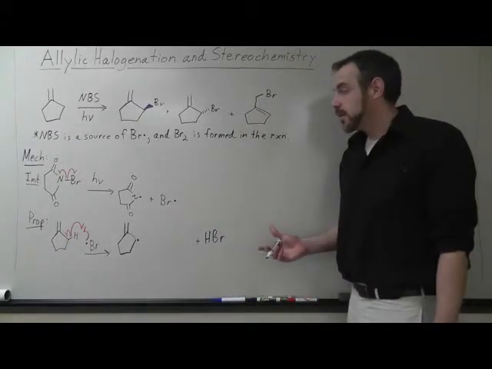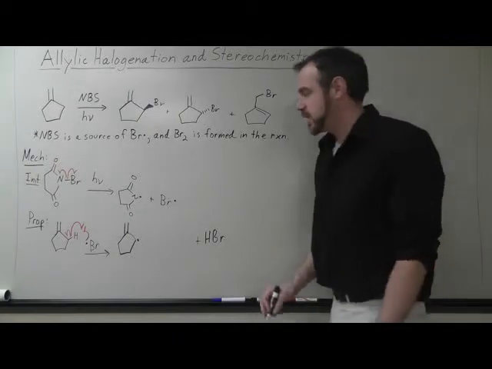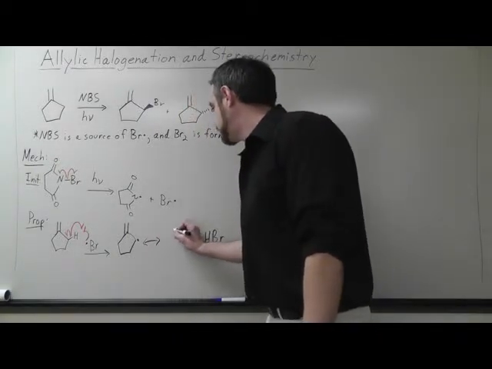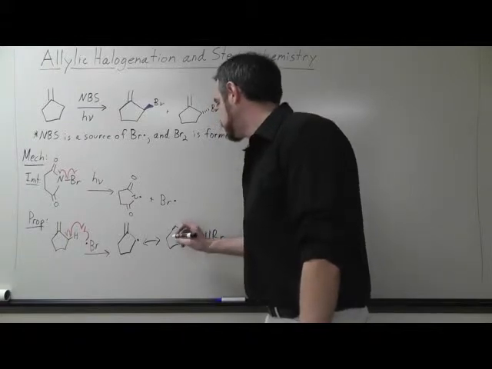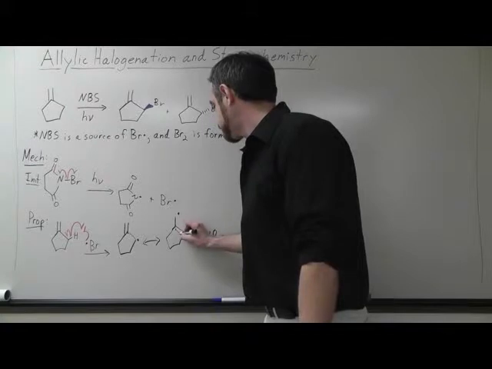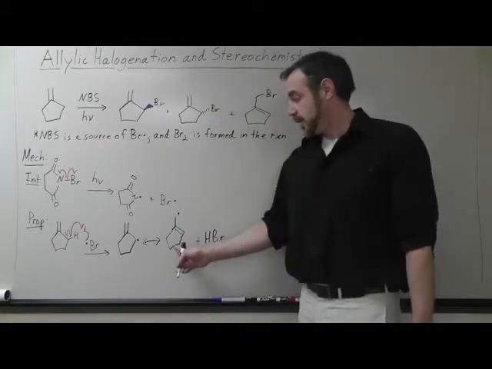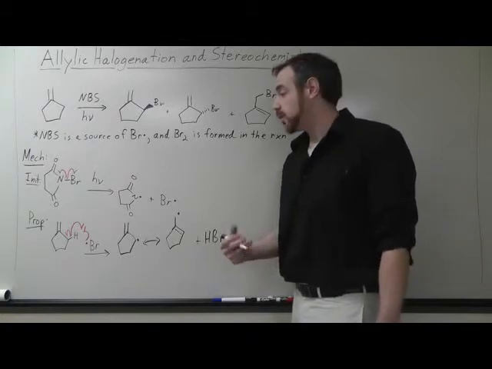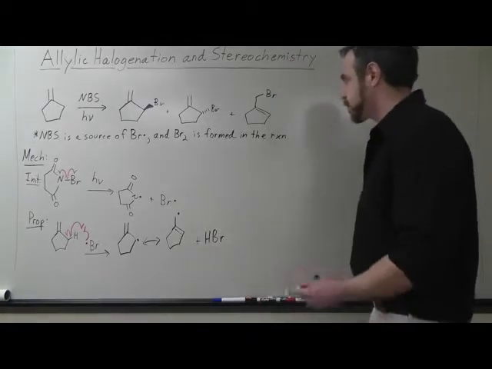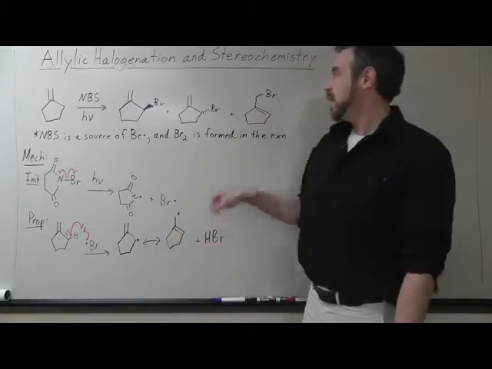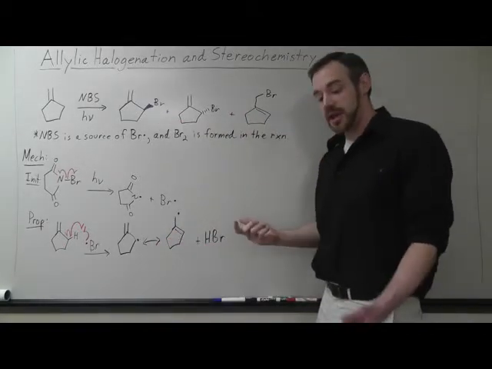That allylic radical, we know, is resonance stabilized. And so both of these pictures contribute to the molecule or the radical's overall reactivity. Now we can see from these two resonance structures how the two different products are generated.